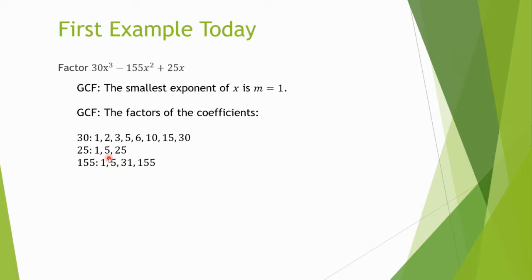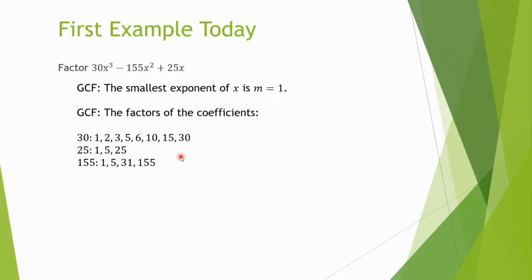Mostly because 5 is the biggest common factor of 30 and 25, and 5 is also a factor of 155. Not to mention numbers bigger than 5, like 6, 10, or 25, none of which are factors of 155. So hopefully that makes sense.